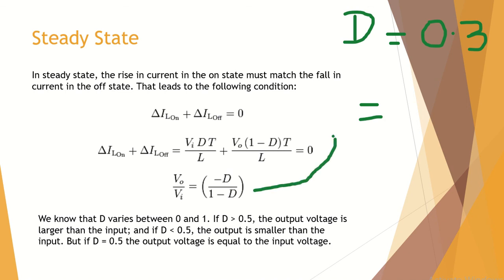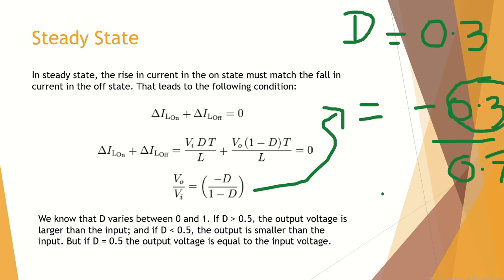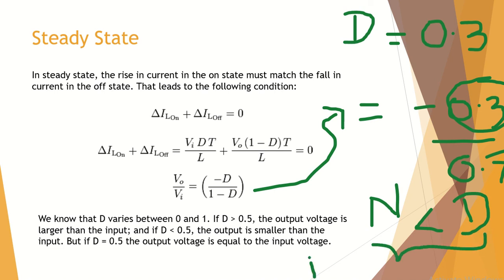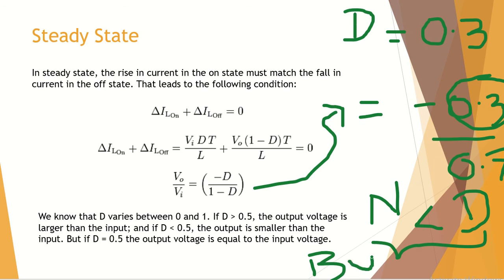I am putting the values in this one. So D is equal to 0.3 becomes minus 0.3, and 1 minus 0.3 will be 0.7. Here the numerator is less than the denominator, so it will be used as a buck converter.